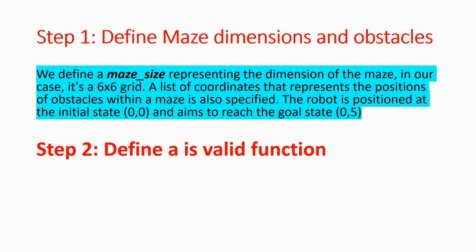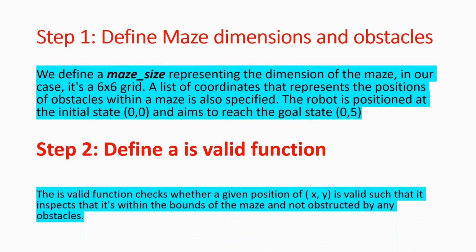So step two, define the is_valid function. Sorry, guys, here we have a small mistake. Define the is_valid function, like we have the is underscore valid function, right? The is_valid function checks whether a given position x comma y is valid, that is, within the bounds of the maze and not obstructed by any obstacle, right?